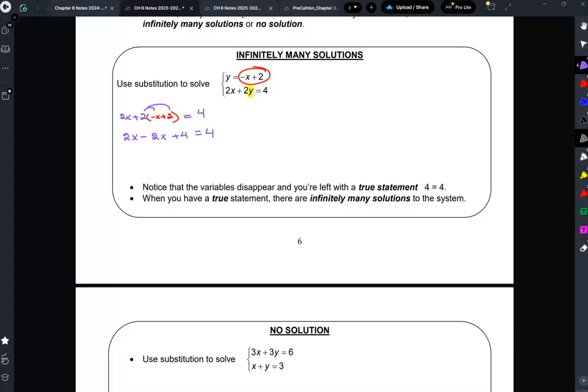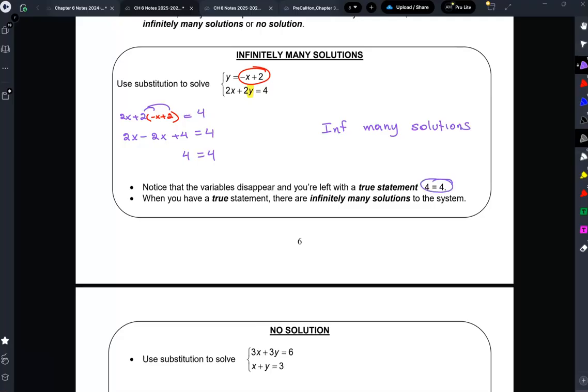Now, here, lots of ways to do this. If I subtract 4, well, let's not subtract 4. Let's do it the other way. What's 2x minus 2x? 0. So that goes away, right? And then what am I left with? 4 equals 4. This is infinitely many solutions. When you have the same one thing equal to itself, infinitely many solutions.